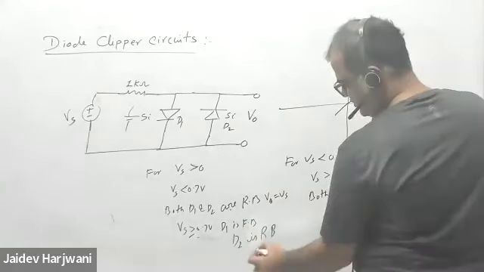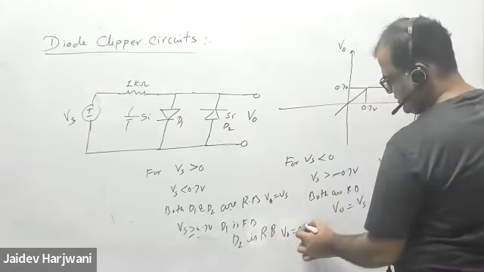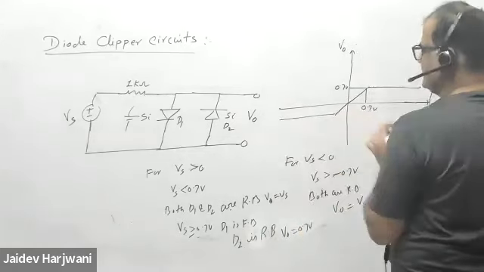And here V naught will be fixed at plus 0.7 volt.